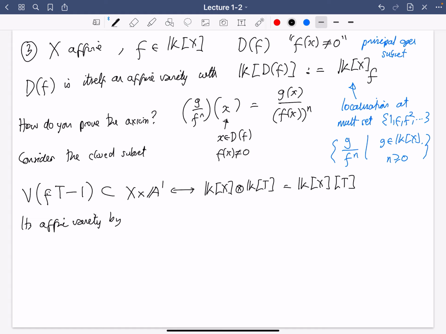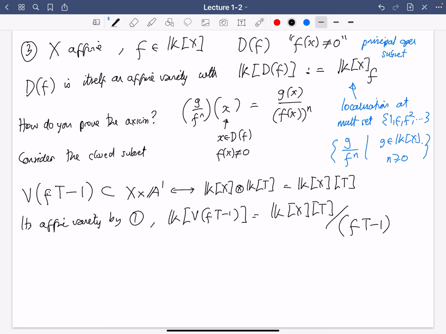by the first construction that I showed you, its coordinate algebra. Well, it's the coordinate algebra of X across the affine line quotiented out by the ideal ft minus 1. It's easy to see that that's a radical ideal.